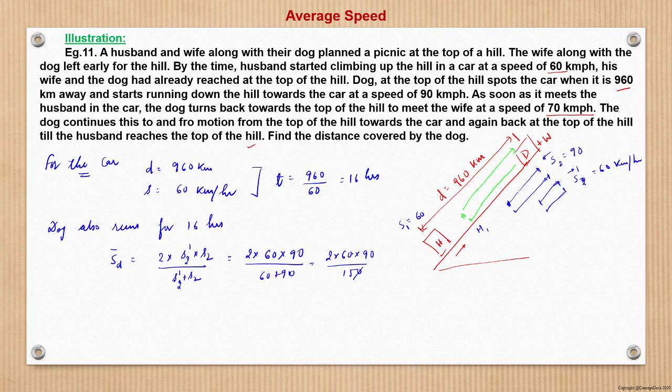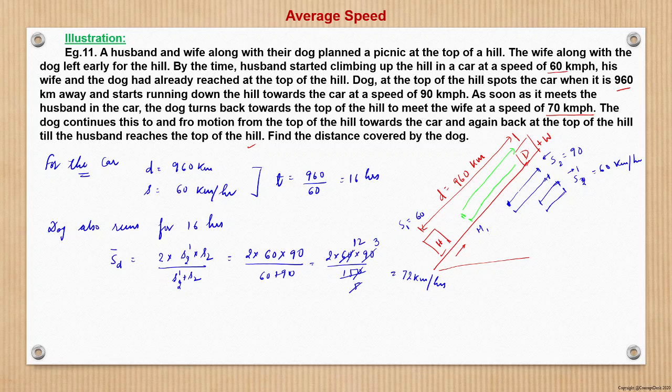So basically this 0 gets cancelled, and this is nothing but 72 kilometer per hour. So average speed for the dog is 72 kilometer per hour in every trip, for every meet with the car.